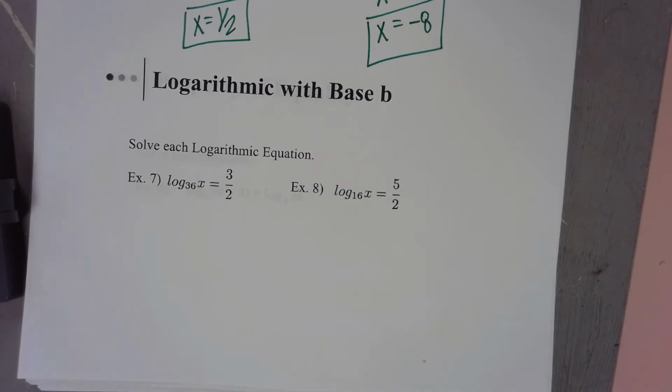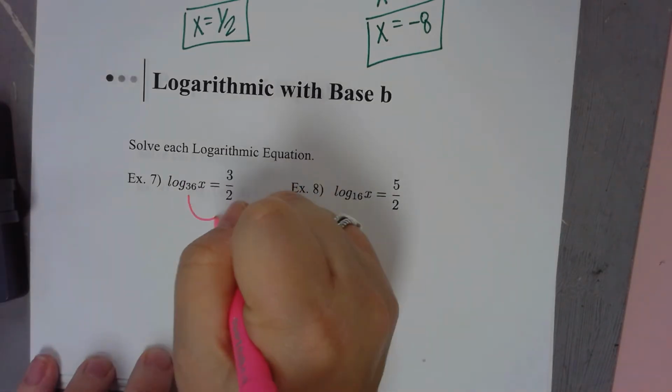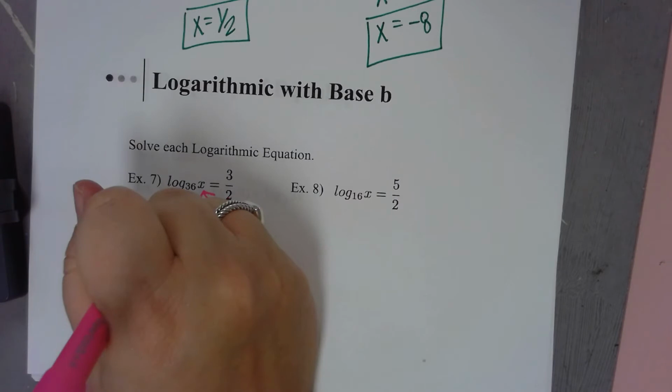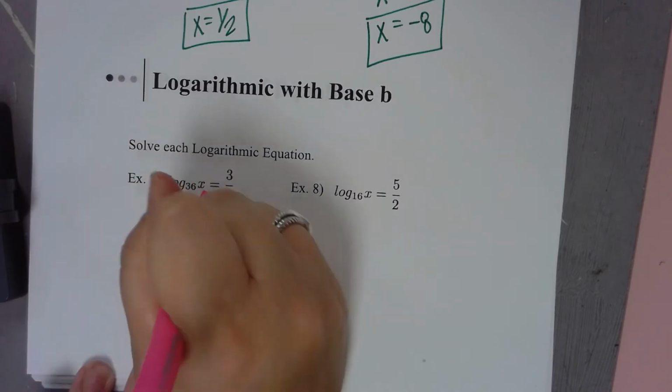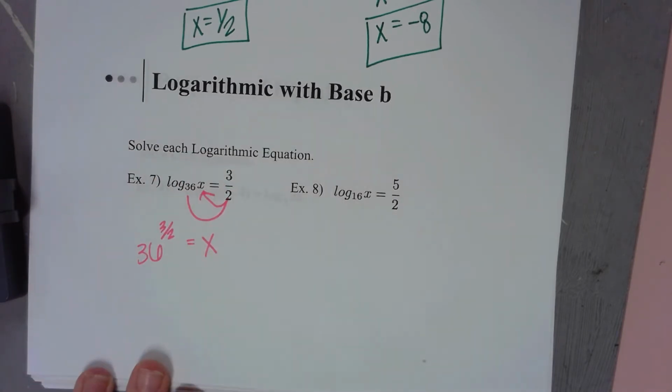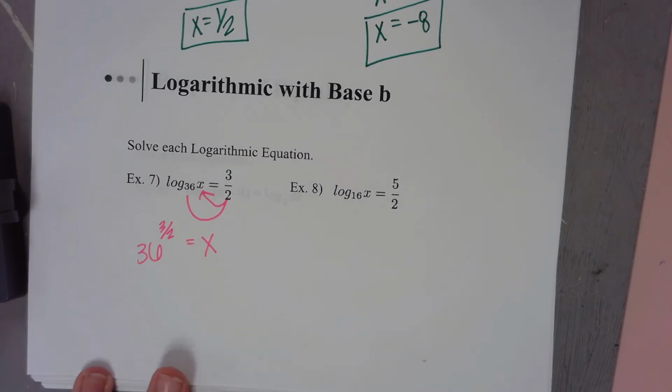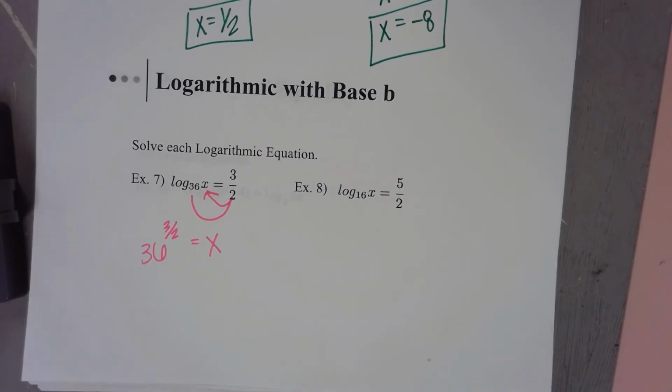So our equal sign and a number are here, so I don't have to write equals x in order to convert like we did in our previous two examples. So we can go straight away to our swoosh. So that's going to be 36 to the 3 over 2 power is equal to x. And this is easy to figure out. You can use your calculator, or you can convert in your head.